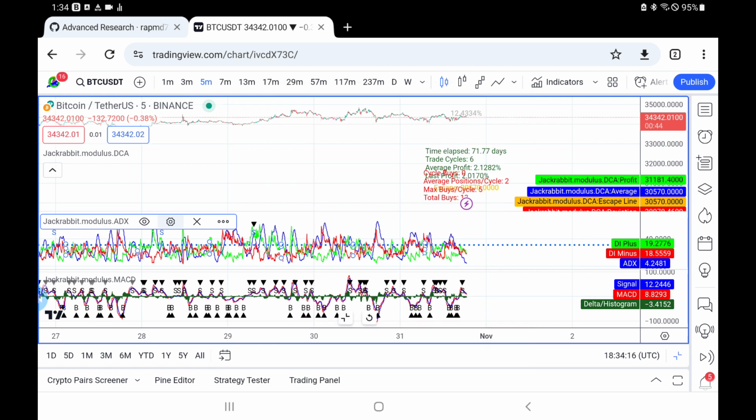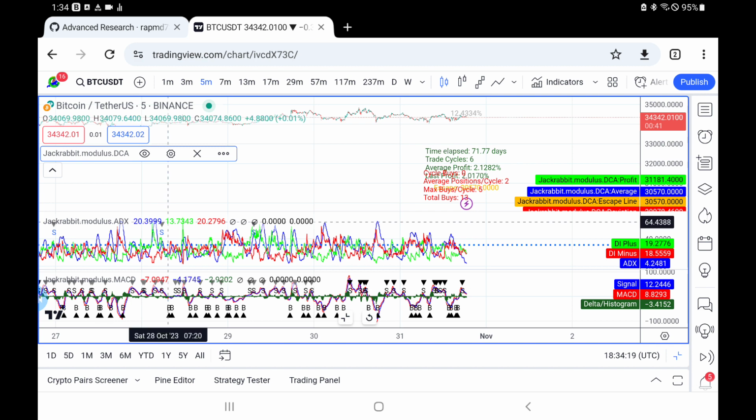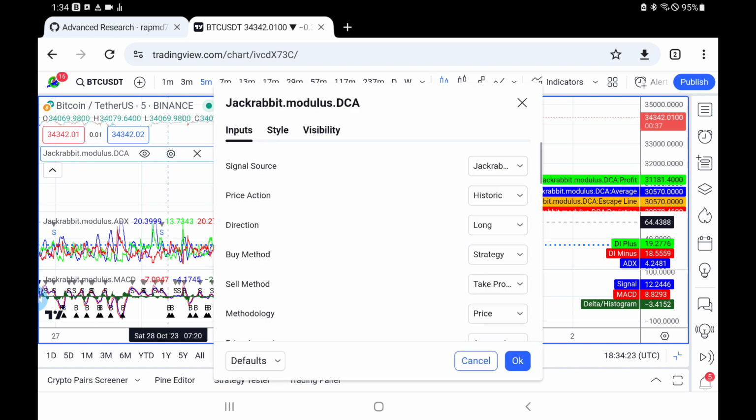Now let's look at the DCA module. The DCA module is a little bit more complicated, but not by much. I want the entry point to be driven by the strategy, but I want the sells to be driven by the take profit. In this case, 2%.